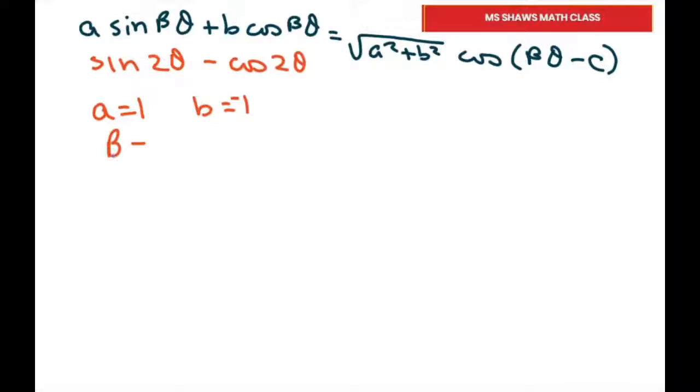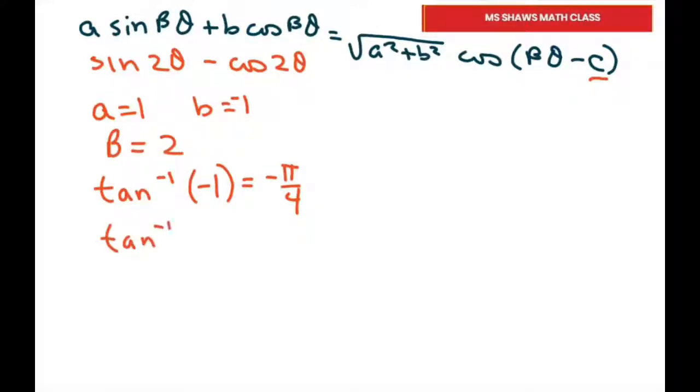So the only thing we need is our C to fill in this formula. So it's the same thing as before on the other one, and that's going to equal negative pi over 4. Just remember that this one was basically A over B, but you still got negative 1 here.